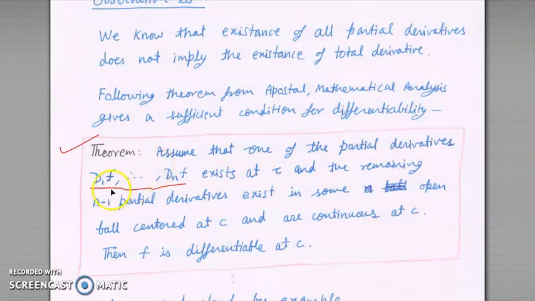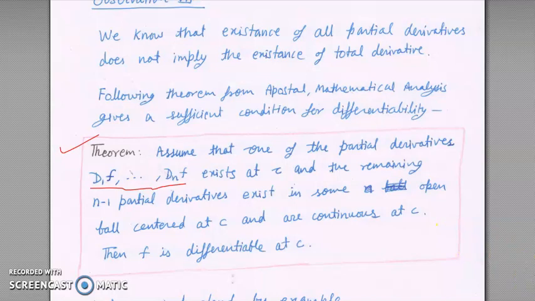Suppose out of these n partial derivatives, one partial derivative exists at the point C, and the other partial derivatives not only exist at the point C but also exist in a neighborhood of the point C, and also they are continuous at the point C. If this condition is satisfied, then f will be differentiable at the point C.